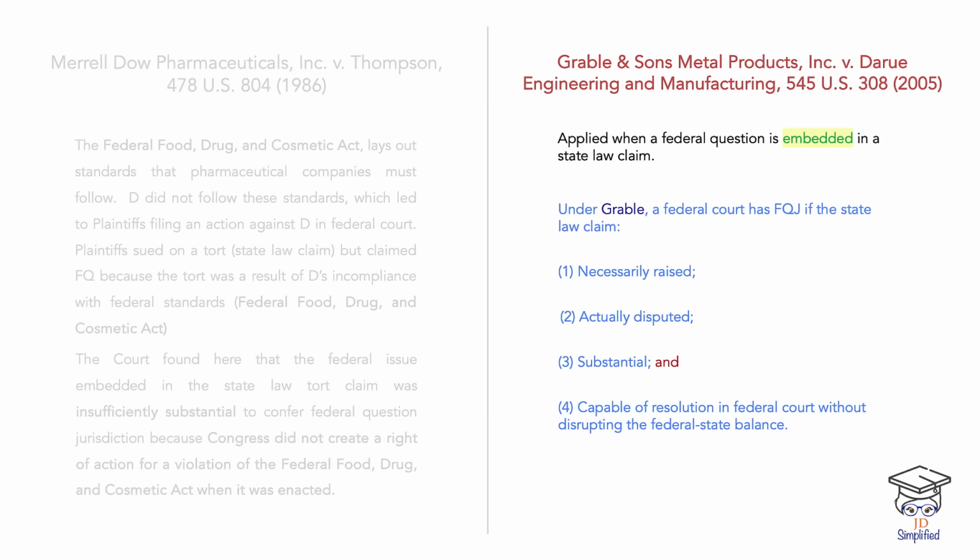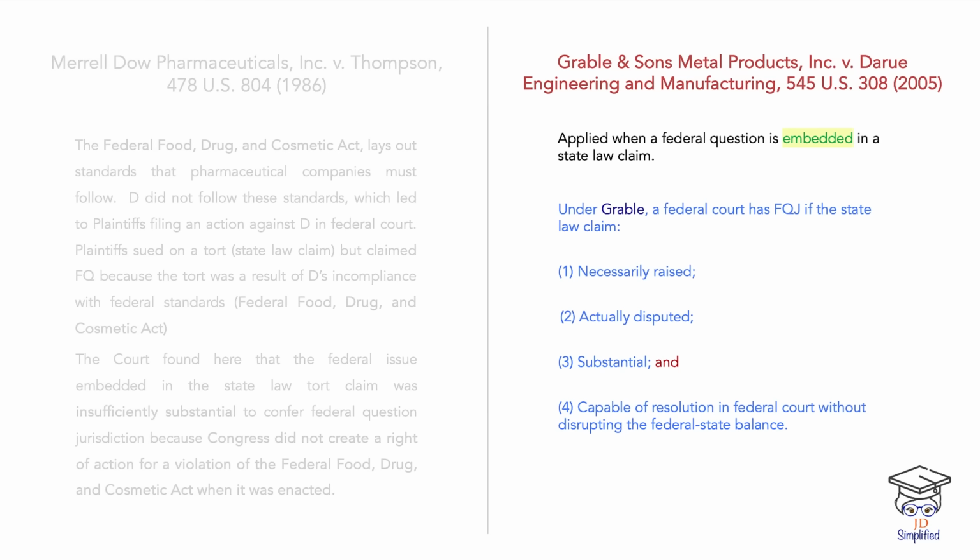Instead, we're going to rely on these four elements: whether the federal issue is necessarily raised, actually disputed, substantial, and capable of resolution in federal court without disrupting the federal-state balance approved by Congress. In Grable, the Supreme Court says, look, these four elements are met, and therefore the federal issue embedded in the state law claim does indeed confer federal question jurisdiction to the federal district court.